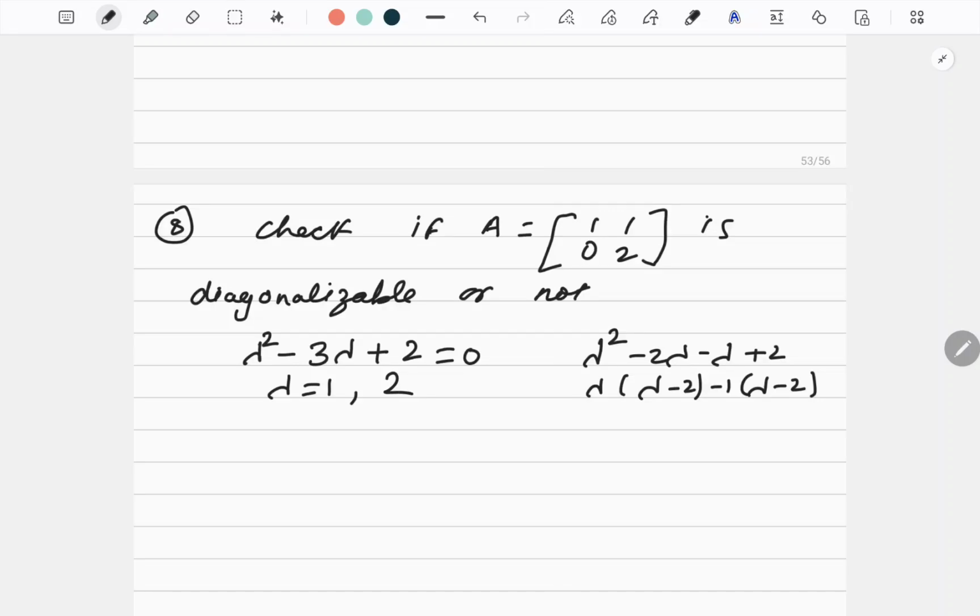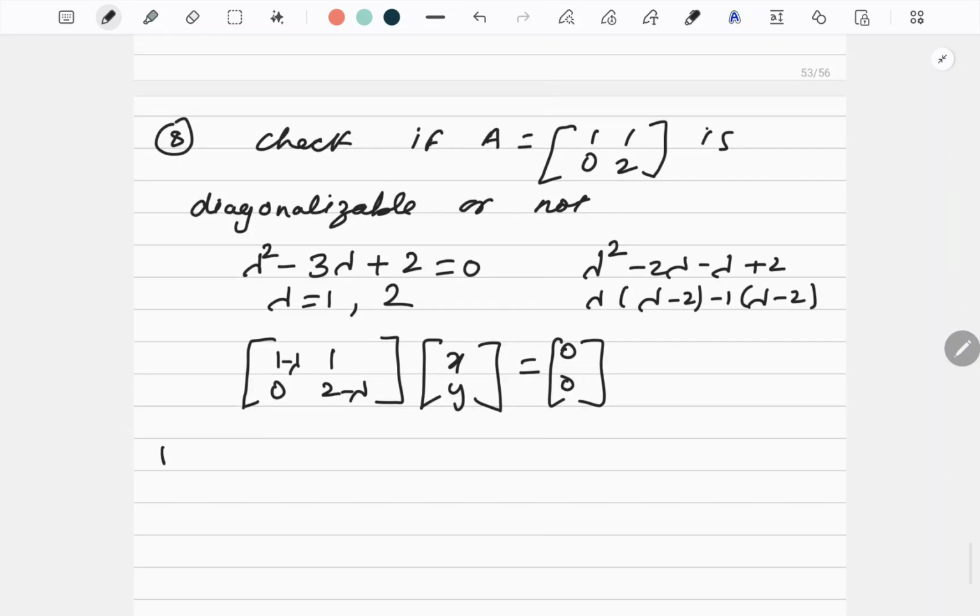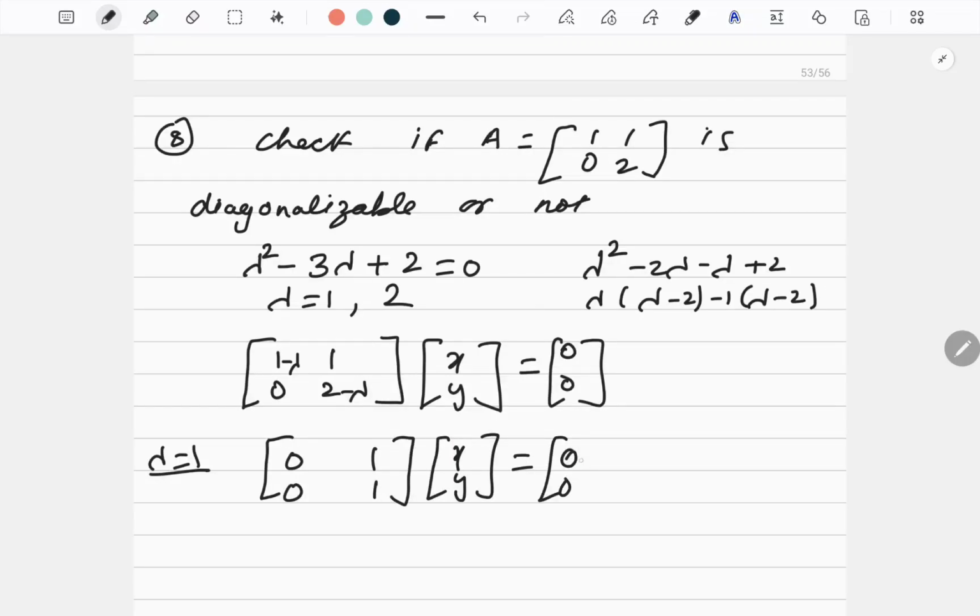So now I will find out the eigenvector. 1 0 1, 2 minus lambda, minus lambda, Xy is equal to 0 0. Correct? So now I'll do first for lambda is equal to 1. When you do for lambda is equal to 1: 0 1 0 and 2 minus 1 is 1, Xy is equal to 0 0.